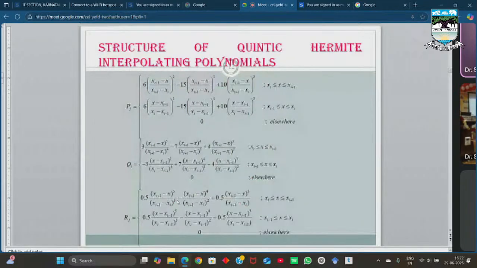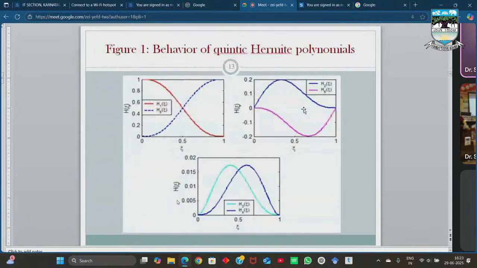We have 3 types of splines such as Pj, Qj and Rj. All these are defined on the intervals xi to xi plus 1, xi minus 1 to xi. This is the structure of these Hermite splines.